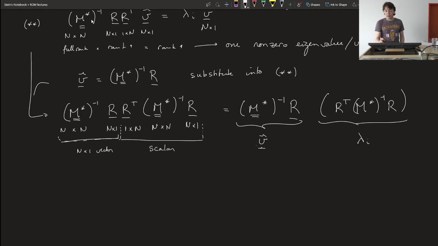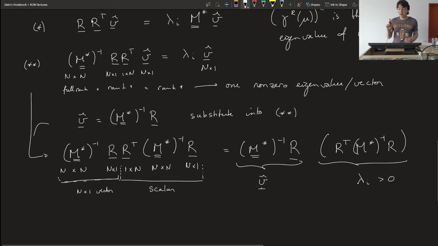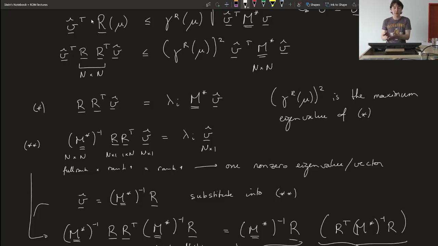Moreover, because M was positive definite, also M inverse is positive definite, and this is then also a normed quantity, so this is actually larger than 0. So not only do I know that that is precisely the one eigenvalue that this system houses, it is also positive, and it will thus automatically be the maximum eigenvalue.